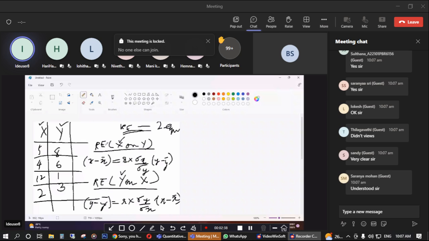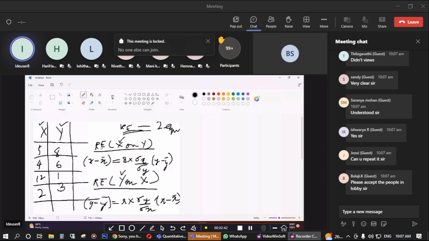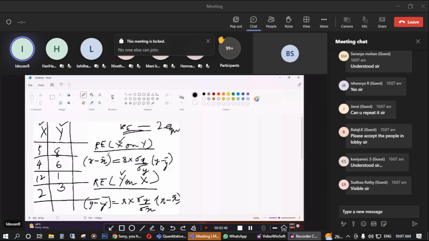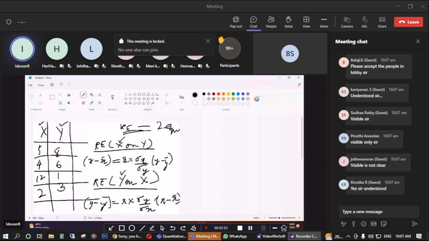Regression equation of x on y: x minus x bar, close the bracket, is equal to r into sigma x by sigma y into y minus y bar. So this is the regression equation of x on y.